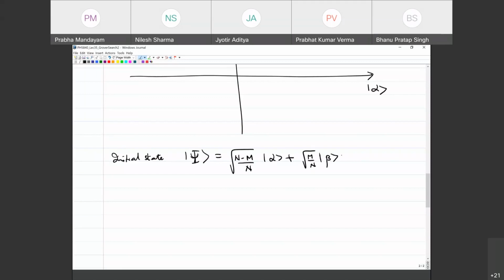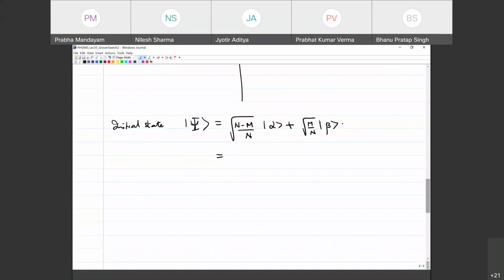Okay? Now let's put some angles to this. So let's call this cos theta by 2 plus sin theta by 2, where cos theta by 2 is square root of (n minus m) by n, right?